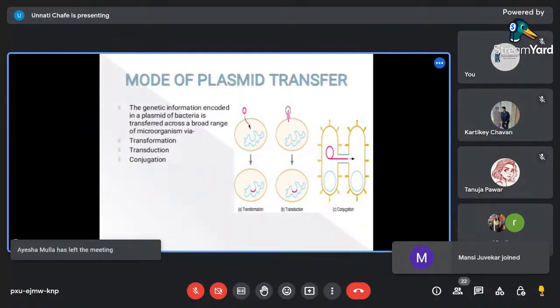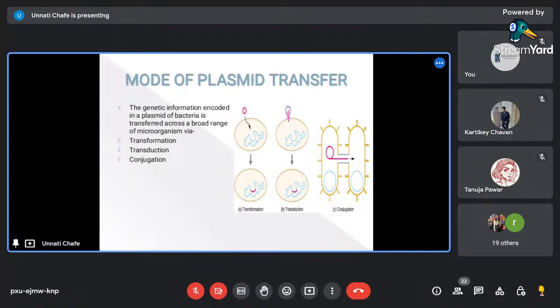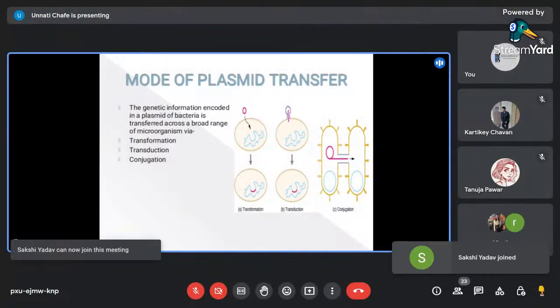In transduction, plasmid-mediated gene transfer occurs through bacteriophage, which can be specialized or generalized transduction. In conjugation, cell-to-cell contact of donor and recipient is required, which requires DNA metabolism of the donor cells.